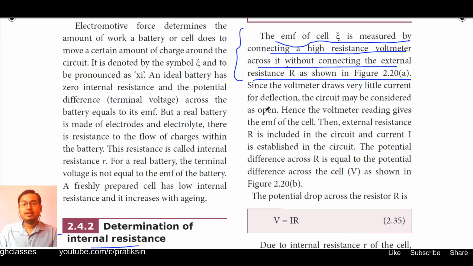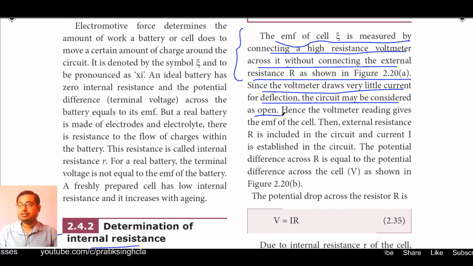With the help of the voltmeter we can find the electromotive force of the given cell. Since the voltmeter draws very little current, the circuit may be considered as open. We can assume that the current flowing in the circuit doesn't drop anywhere. Hence the voltmeter reading gives the EMF of the cell.